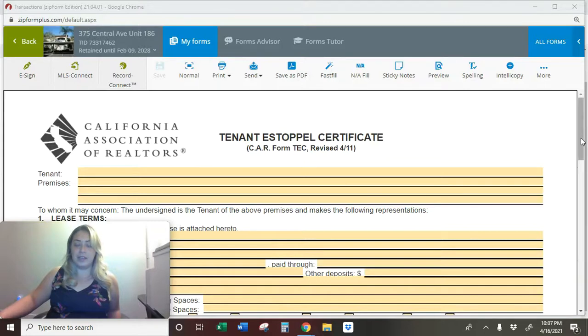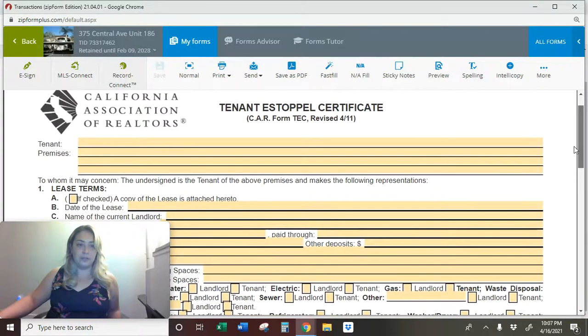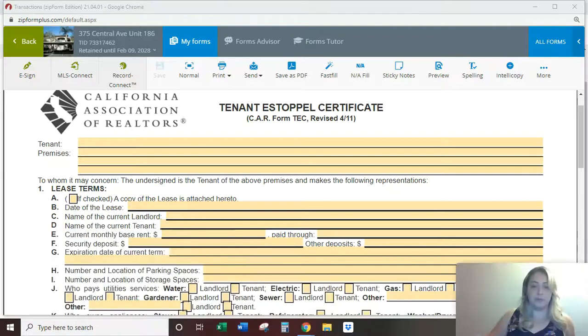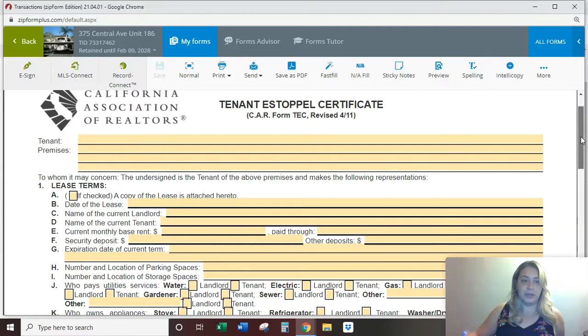This is a tenant estoppel certificate by the CAR form, the California Association of Realtors. There are different forms that you can use, or you can hire an attorney to create one for you.